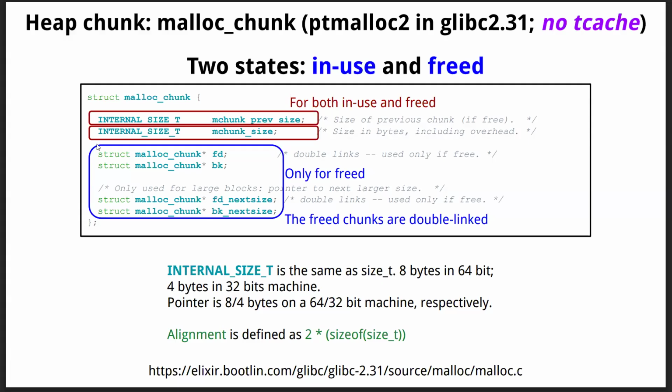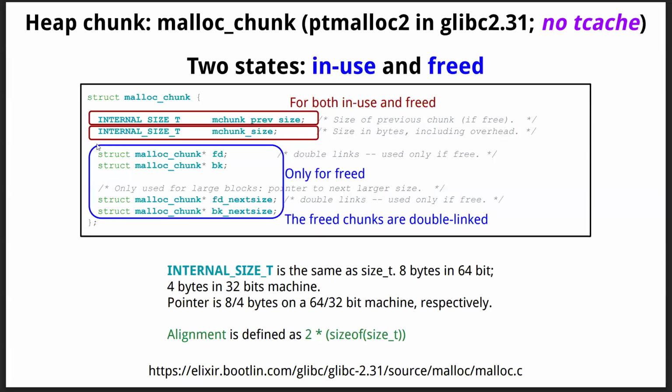When this chunk is allocated, your data, what malloc returns to you, will be here. But if this chunk is not in use, the chunk is freed, the chunk is waiting for someone to mallocate it, then we put other metadata here. In the no-tcache version, the metadata include a double link here.